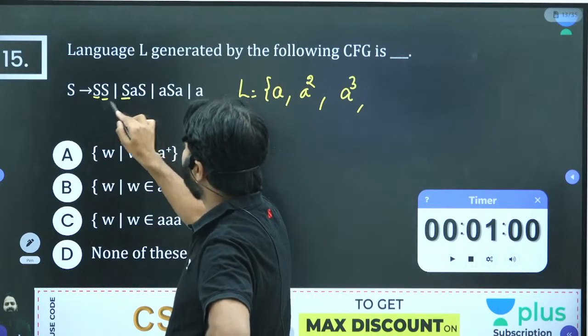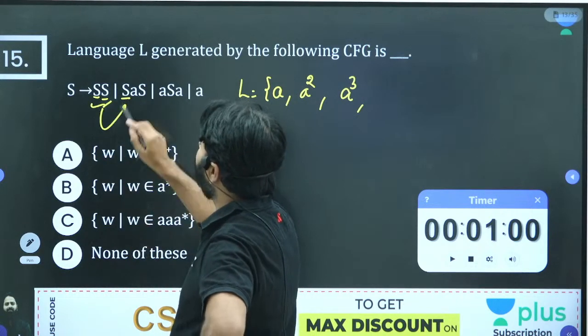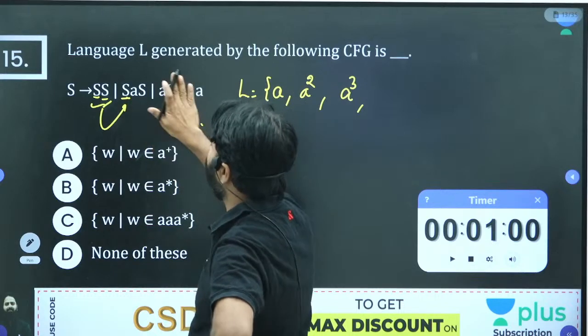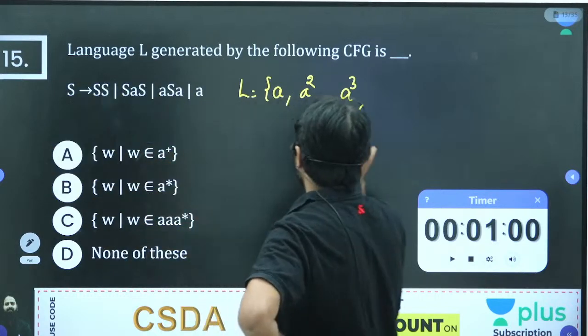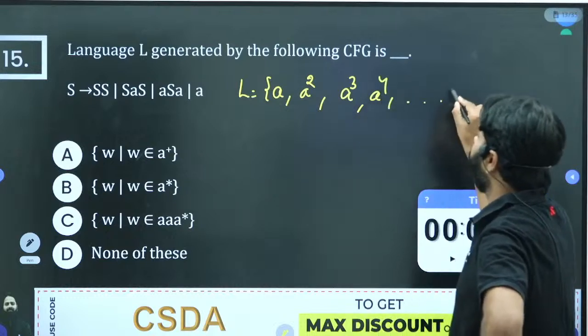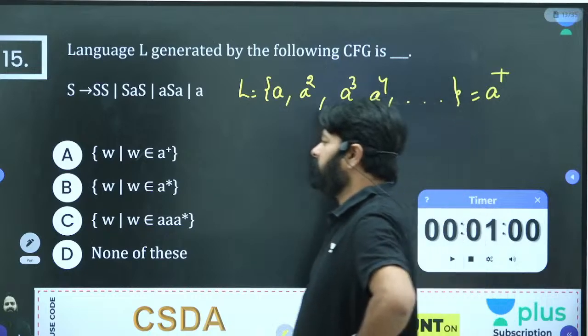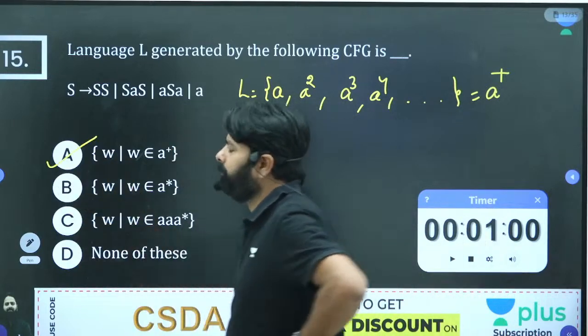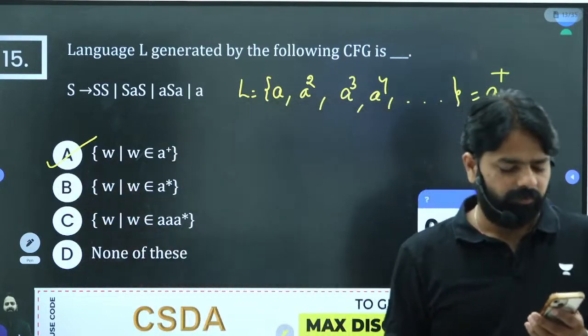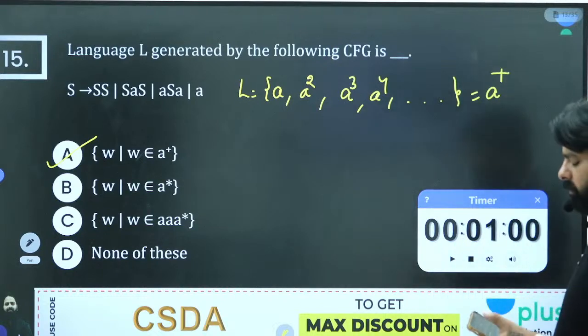Or take this one S and put this here, then definitely we'll say double S, AS. You can put all the A's to get 4 A's. And now everything is equal to A plus. That's option A. Very easy one.